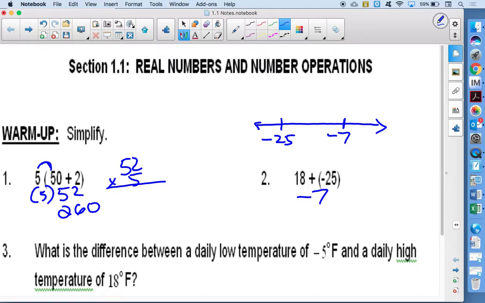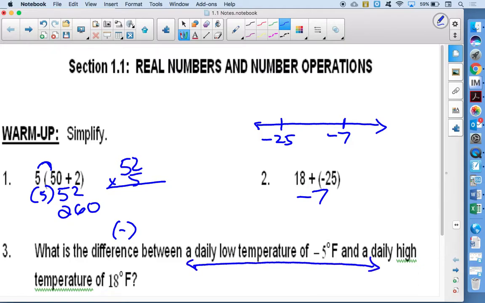All right, and then number 3, what is the difference? Who knows what difference means? In a word problem, you see the word difference. Subtraction. Okay? So we know we're going to subtract a little bit, but same thing. The way I'm going to look at this one too is I'm going to draw my number line, okay?